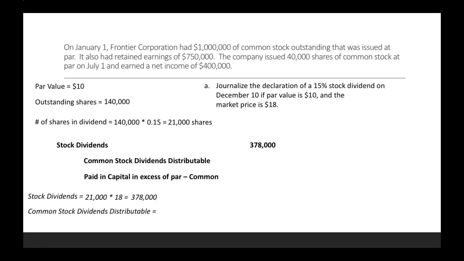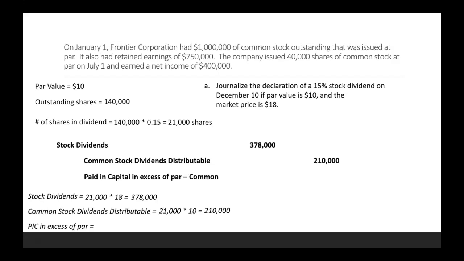Now common stock dividends distributable. This is how many shares times your par value. So 21,000 shares times our $10 par value gives us 210,000. Now, paid in capital in excess of par. Few different ways that we could figure this number out. First, our debits and credits have to equal, right?